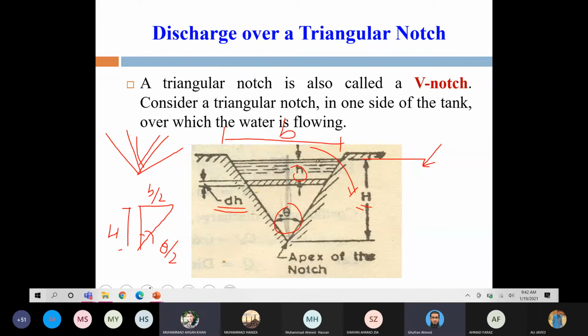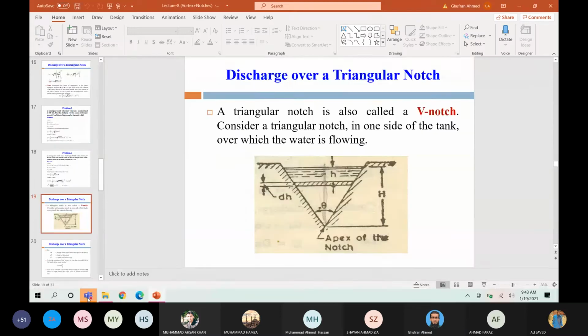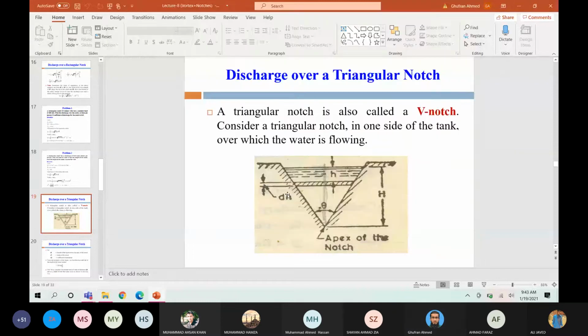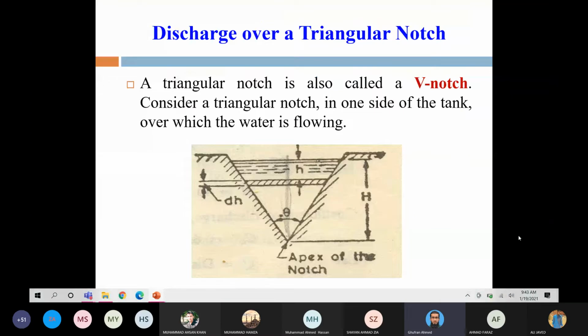Write tan theta by 2 is equal to B by 2 divided by H. From that equation you can find B as 2H times tan theta by 2.